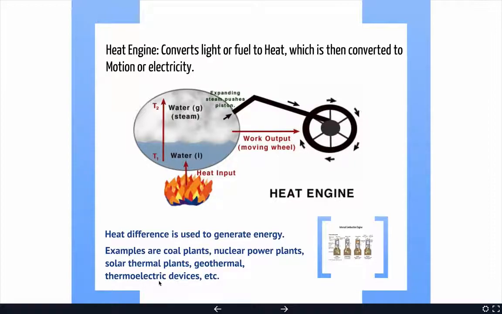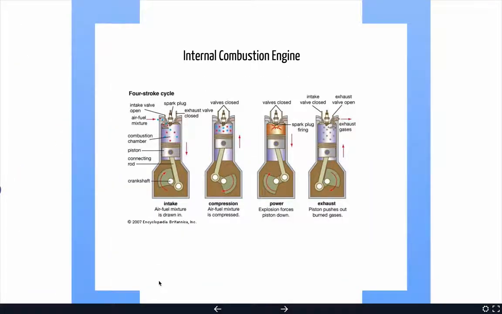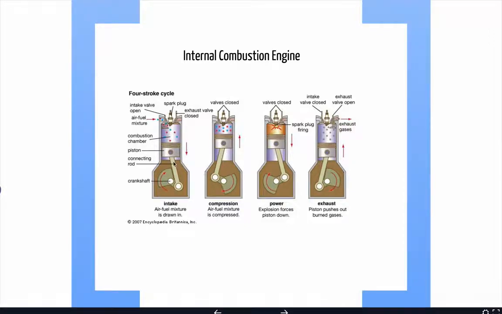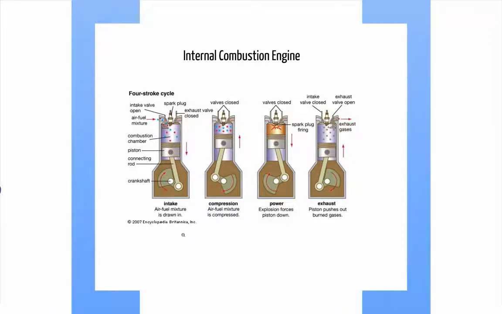Another simple example that all of us are familiar with is the internal combustion engine. This is a very simple model of an internal combustion engine with a 4-stroke cycle. The system consists of basically a chamber, called a combustion chamber.